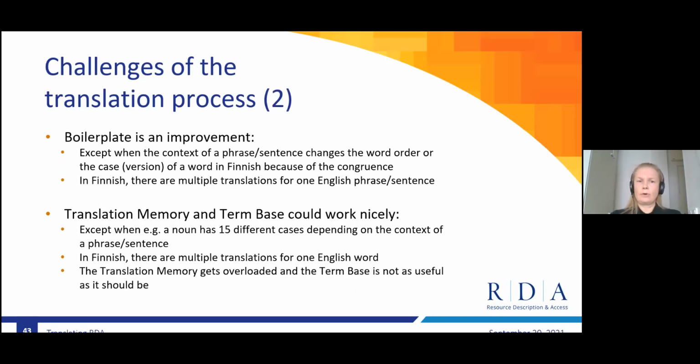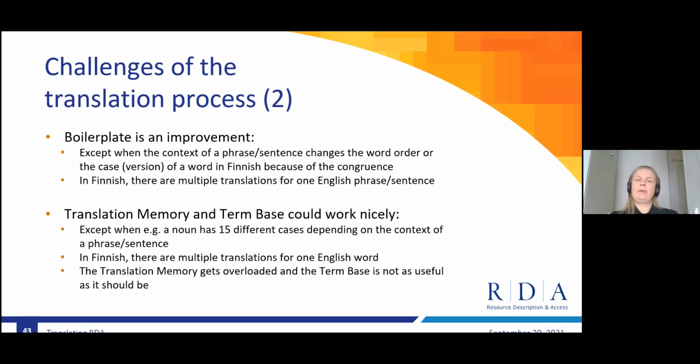Boilerplate is of course an improvement, but in Finnish, the context of a phrase or sentence changes the word order or the case version of a word because of the congruence. And that's why in Finnish there are multiple translations for one English phrase or sentence.